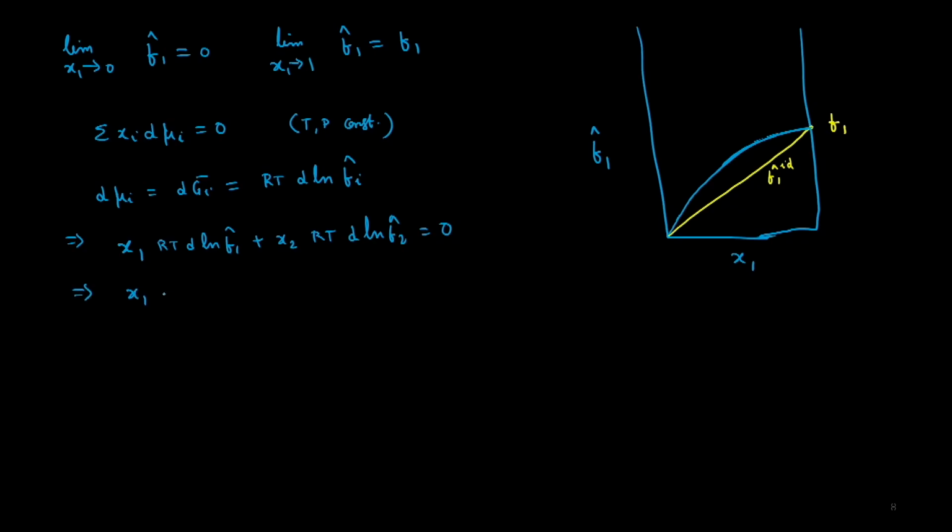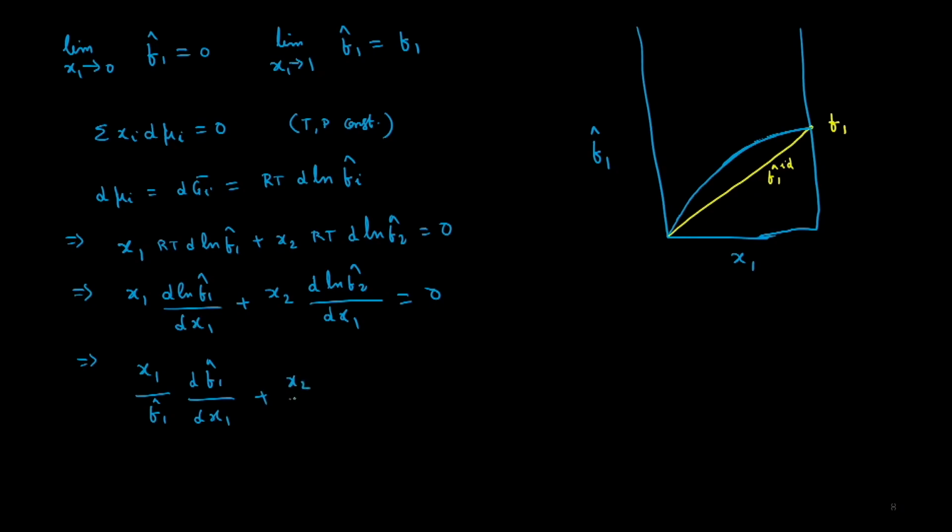So what it means is x_1 d ln f_1 hat over dx_1, since f_1 hat varies with composition, either dx_1 or dx_2 in a binary, it doesn't matter, plus x_2 d ln f_2 hat with respect to the same x, x_1 in this case, equals 0. This means x_1 over f_1 hat times d f_1 hat over dx_1 plus x_2 over f_2 hat times d f_2 hat over dx_1 should be equal to 0.